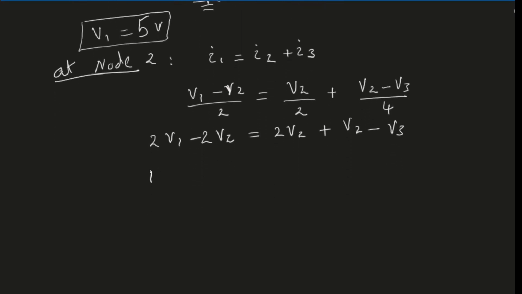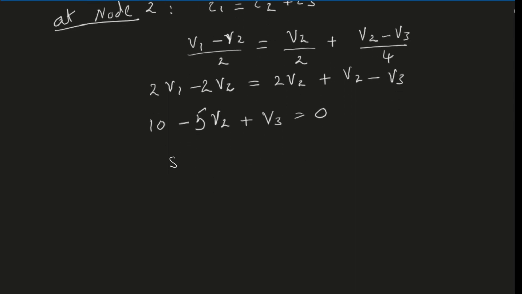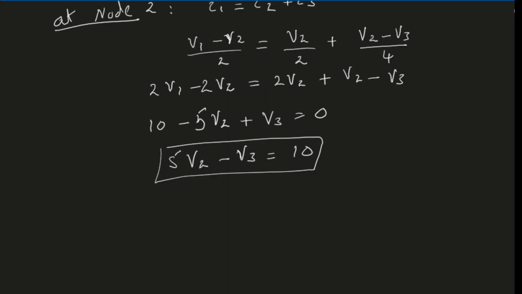So therefore this should be 10, and -2 and -2 and -1 would be -5 V2 plus V3 equal to 0, or I can say that 5 V2 minus V3 equal to 10. So this is my first equation.